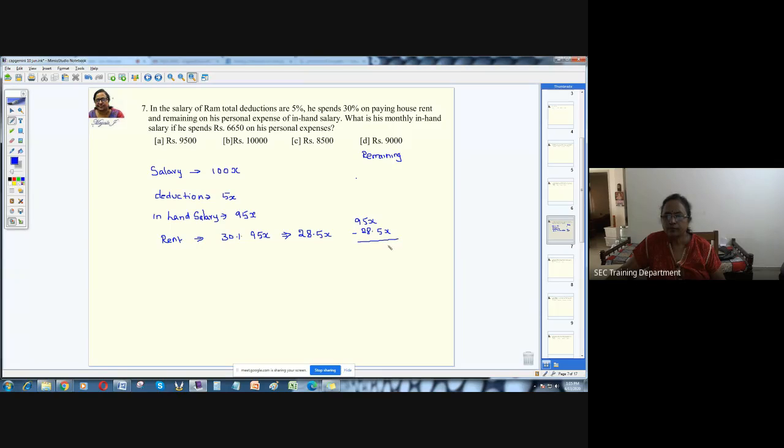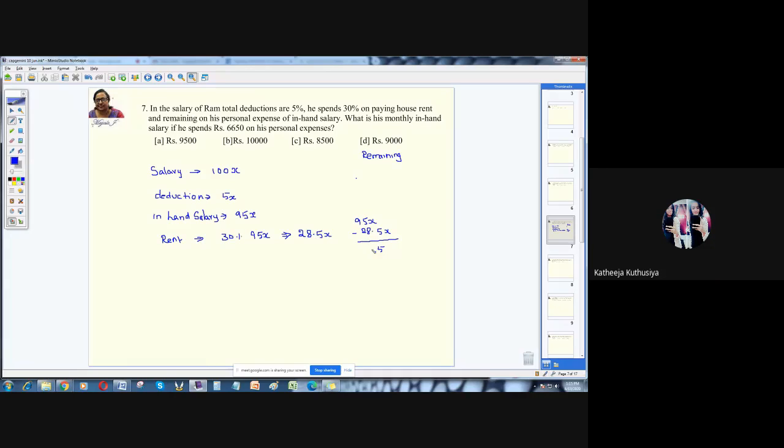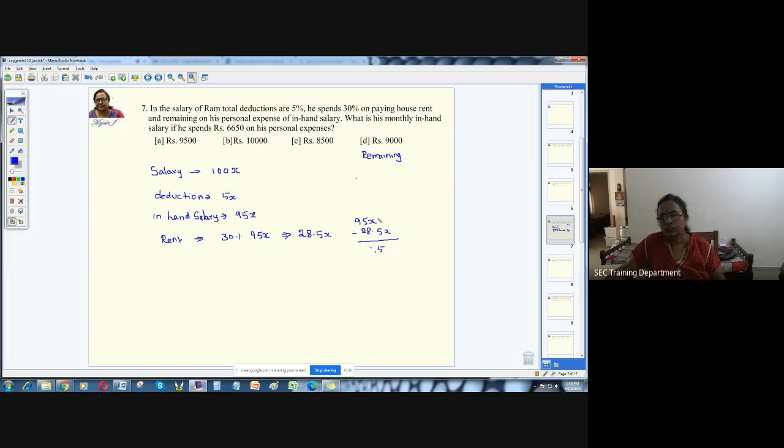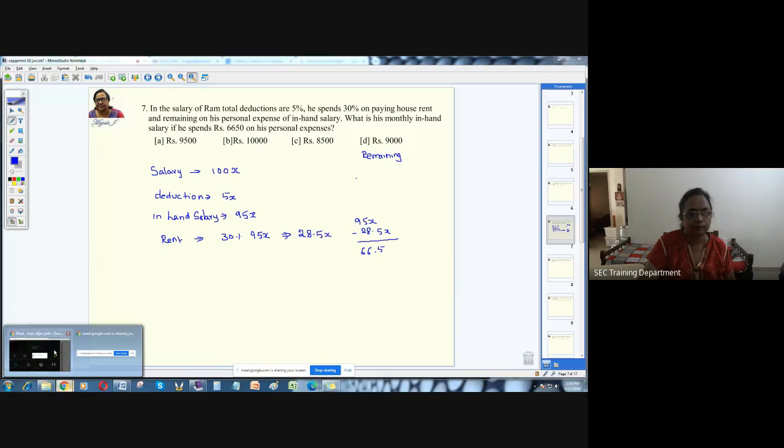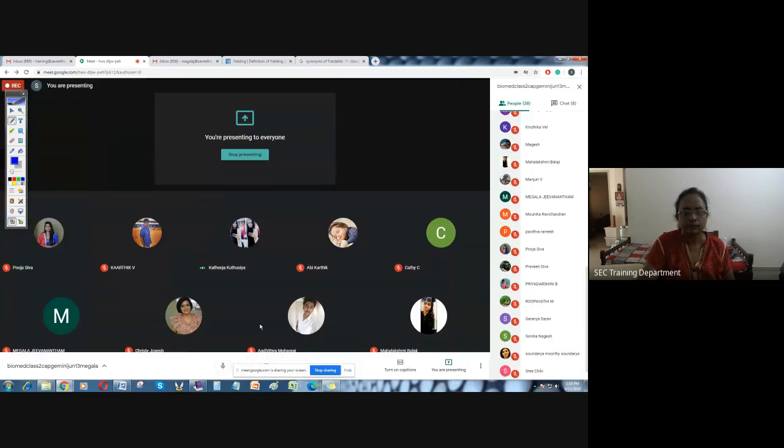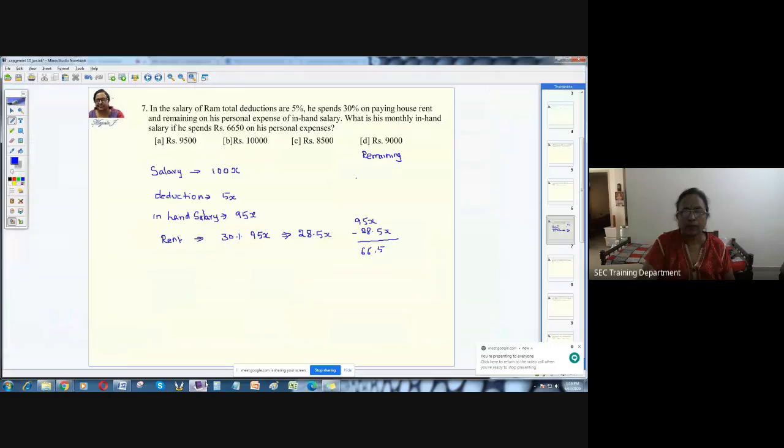So what's the balance left? 95 minus 28.5. 10 minus 5 is 5, then this becomes 4, 14 minus 8 is 6, and this is 8, 8 minus 2 is 6. So it's 66.5. Okay, this is clear now.